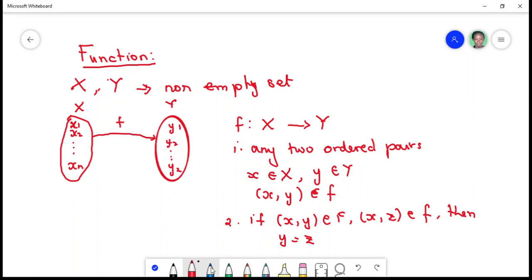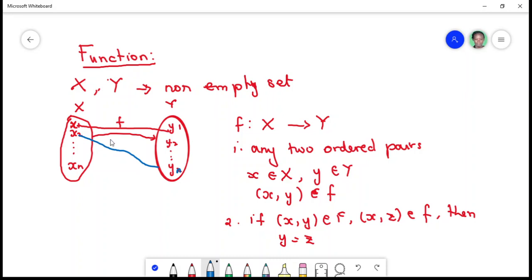There's a value of x I could pick that determines a value in y, or I pick another x value that determines another y value. So you could have many of that.